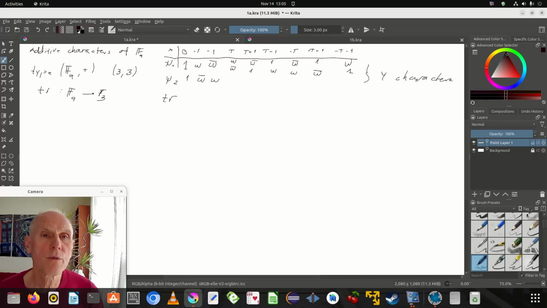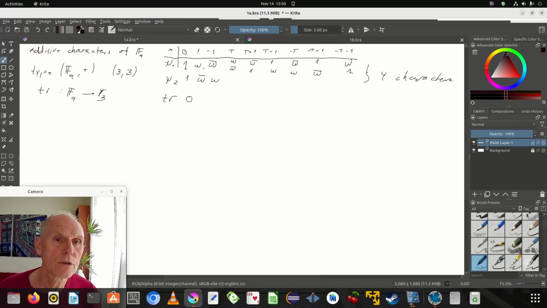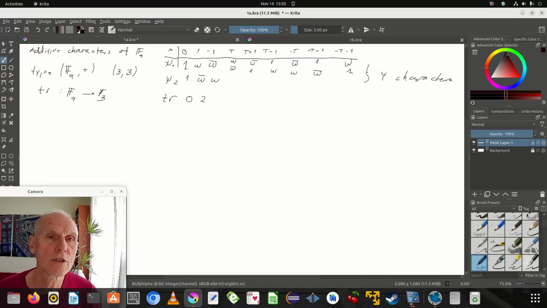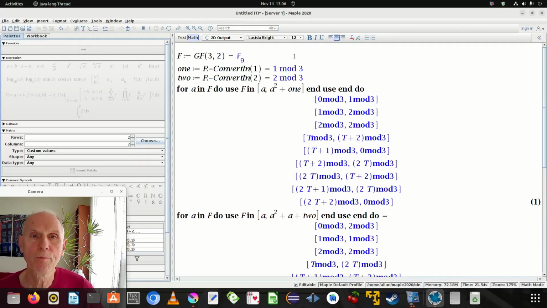Here it's just twice the guys. So trace 0 is 0, trace 1 is 2, or minus 1, and trace minus 1 is minus 2. The trace of t depends upon the minimal polynomial we use, so we'll just use Maple for that.